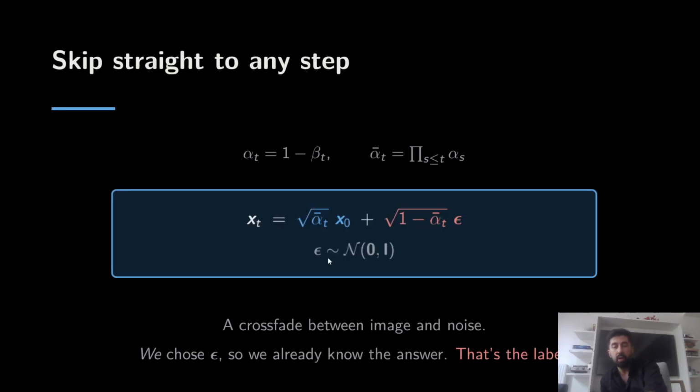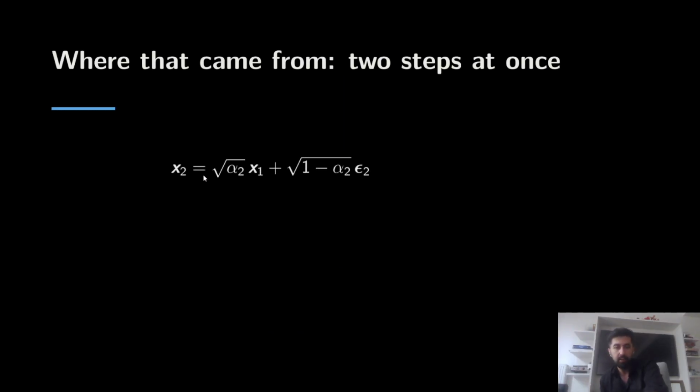If we want to see why mathematically this is correct, as I said before, x2 is calculated as radical alpha 2 x1 plus radical 1 minus alpha 2 epsilon 2. You're going to say, no, no, we had radical 1 minus beta plus beta, but I just told you alpha is basically 1 minus beta.